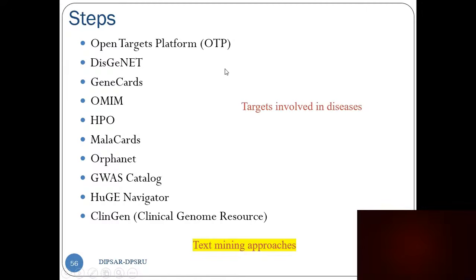So how many of you think that by doing the same thing in different databases you will get the duplicate? You will get the duplicate or not? Duplicate means, for example, the targets from Open Targets Platform, the targets from DisGeNET, GeneCards, OMIM, can they overlap with each other or will they not overlap with each other?